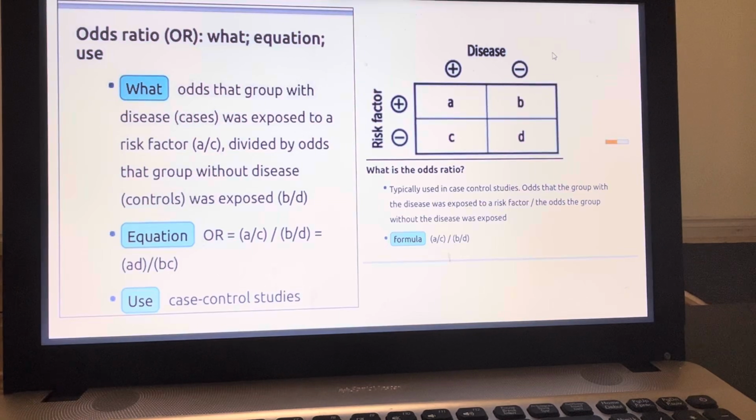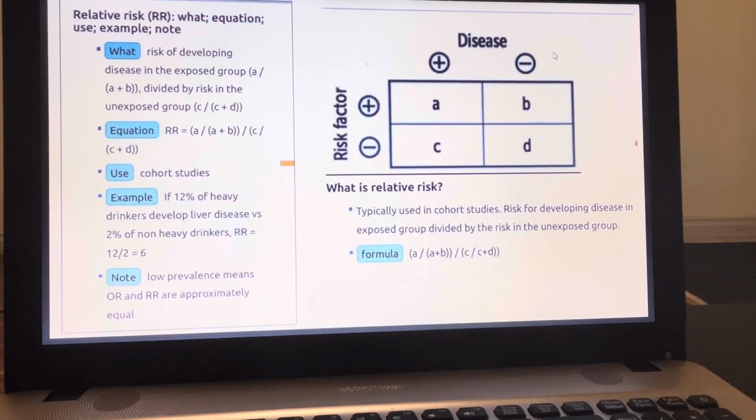Remember, in case control, they will do it this way. Then we have relative risk. We have the risk of developing disease in the exposed group.